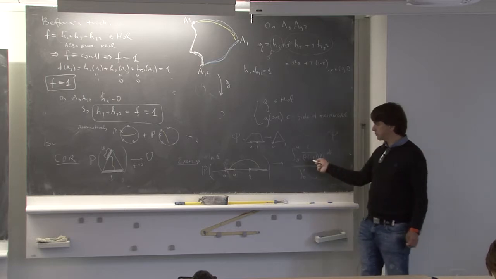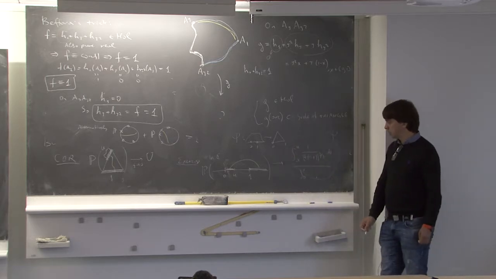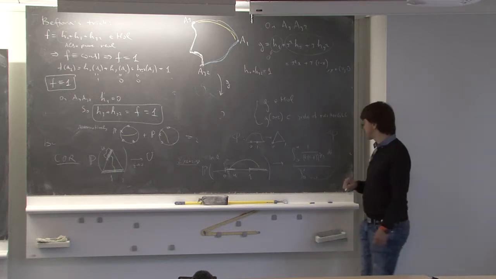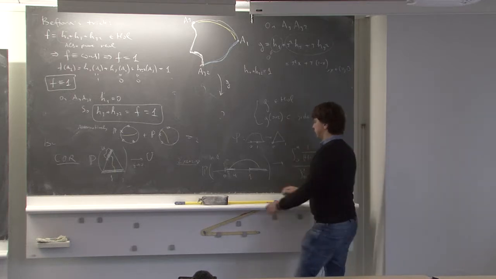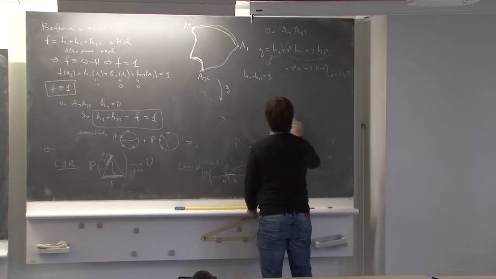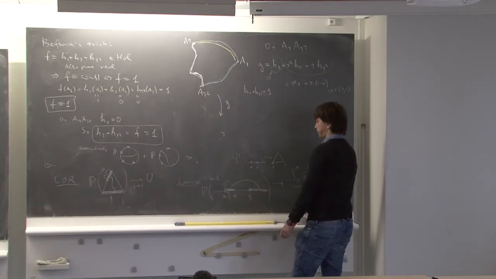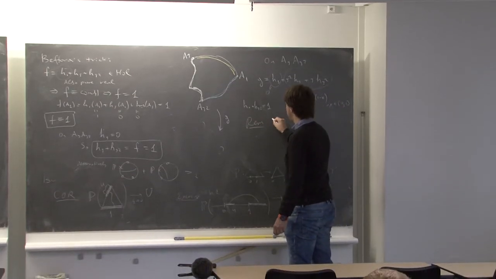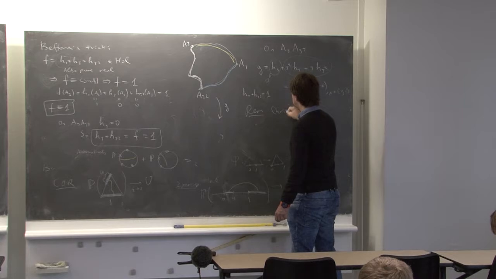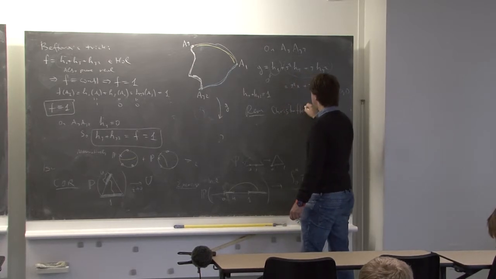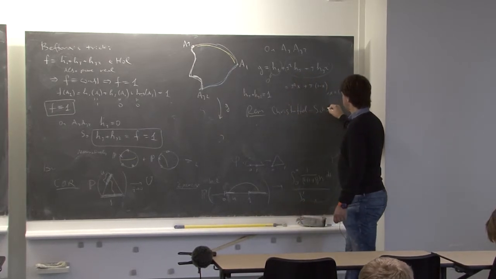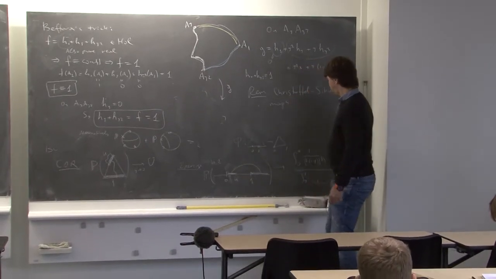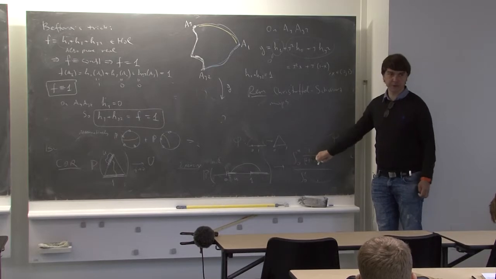Such maps, which are maps between polygons, are called Christoffel-Schwarz maps. Just a small remark. If there are 3 vertices, it's fairly easy.